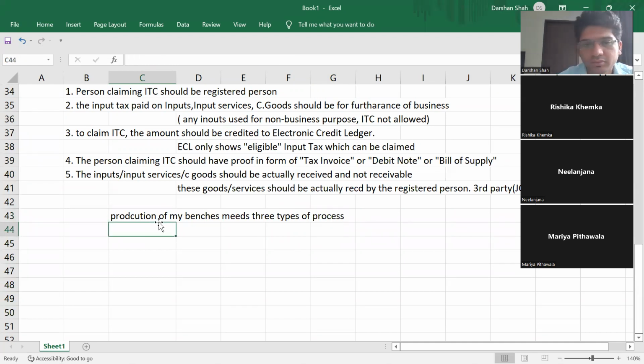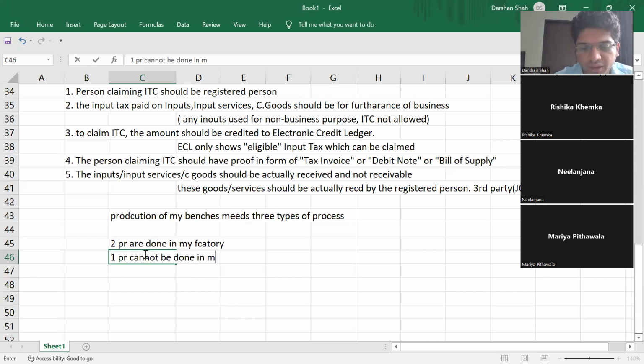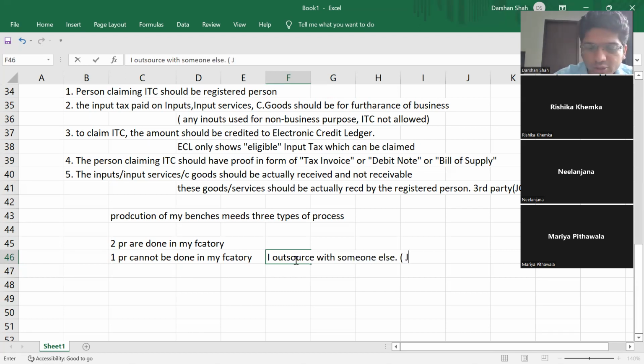Two processes are done in my factory, and 1 process cannot be done in my factory. So what do I do? I outsource it with someone else. I get it done from outside. That is called getting it done from a job worker.